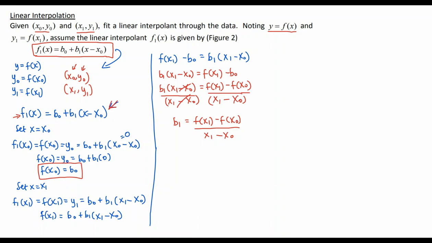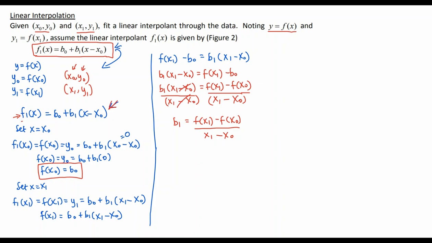So actually b naught and b1 are some constant values that we will need to fit into the general function, so that we can find the y value of any other x value that we will choose within this data point. Now that you know what b naught and b1 are, we can substitute them back into this general formula that we have here.